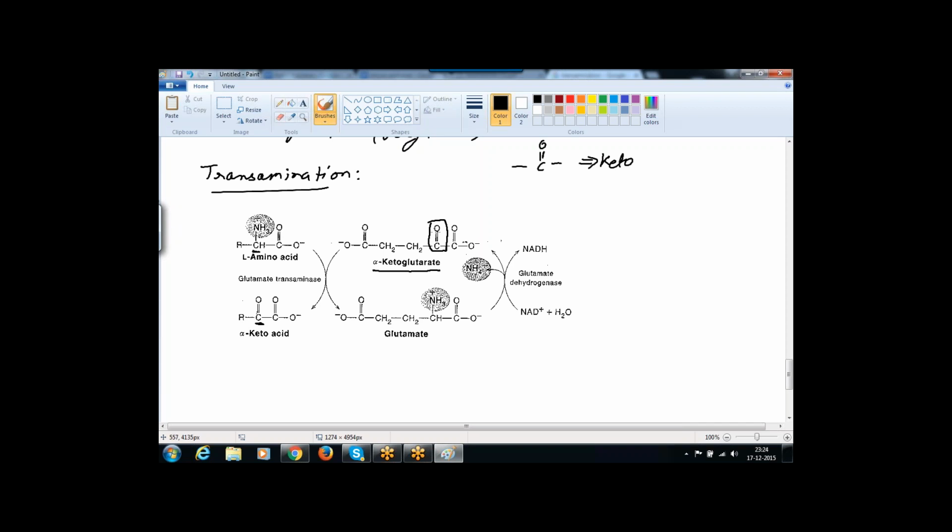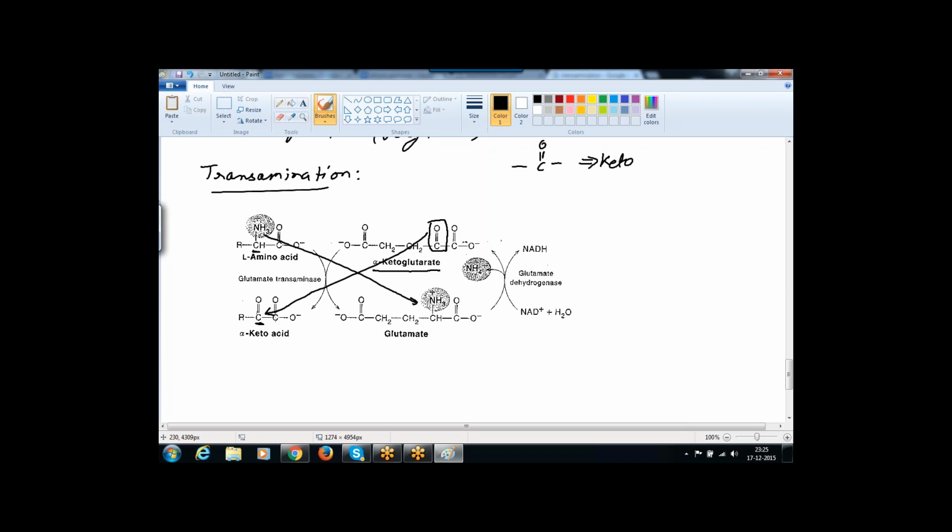Whereas this was a keto acid initially, it gained amino from this. And now, first is the acid group, and the second carbon was a keto, now it has an amino. Rest of it is the same. So what has happened here is, again, the amino group went here and the keto group went here.